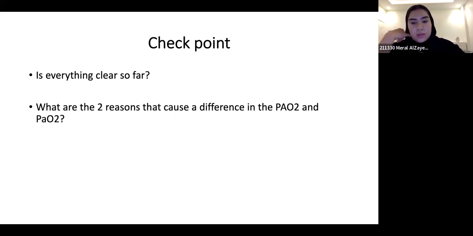You guys can answer in the chat. I just mentioned the 2 reasons why it has an effect on oxygen and not carbon dioxide, and I said we will discuss them later. Perfect. Shunting and VQ mismatch.